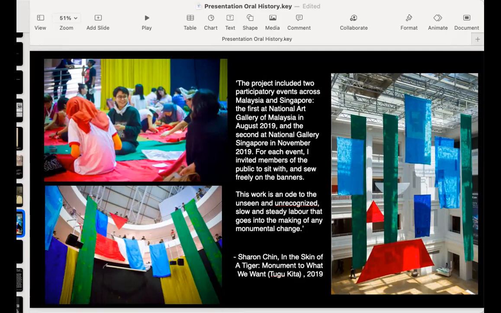participatory sewing project. She calls it In the Skin of a Tiger, Monument to What We Want, to do kita. I think in the project itself, she created 2 events. And in these events, she invited members of the public, anyone who wanted to come to sit with her. And what they did was she laid the banners down on the floor and they sew.